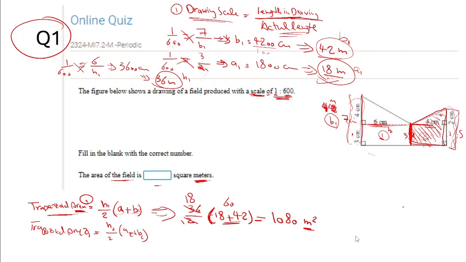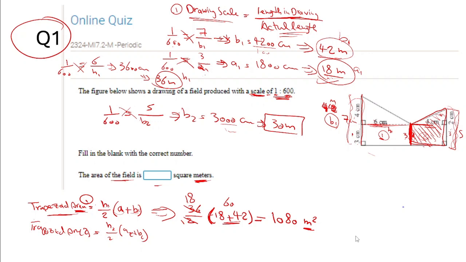So we'll try to make it again the same equation of the drawing scale. So 1 over 600 will equal to, take this, the actual length of this side, so it will be 5, and this we call it B2, right? B2 cross multiplication, so that means that B2 will equal to 3,000 centimeter, we'll divide by 100, so it will be 30 meter.